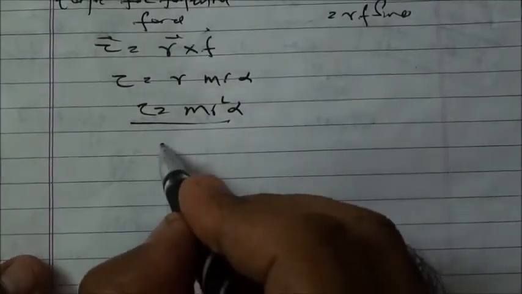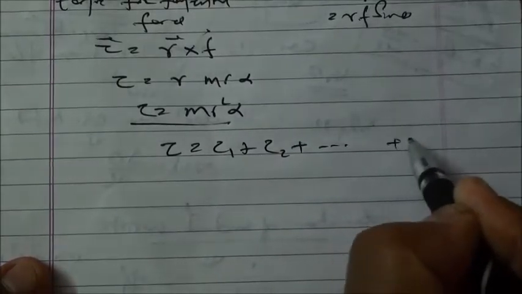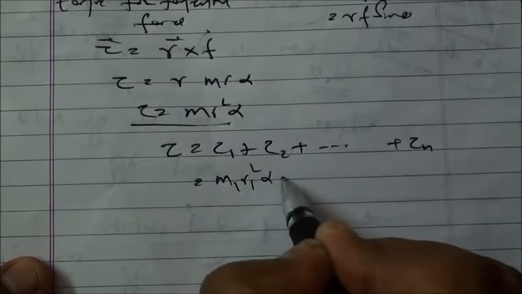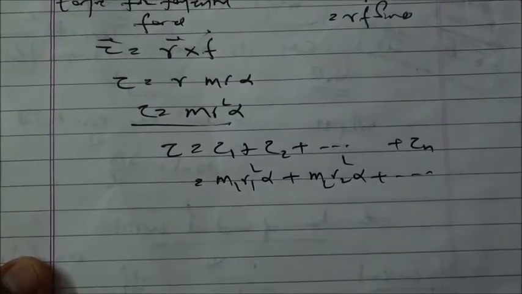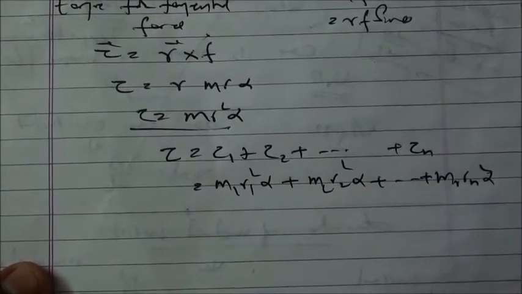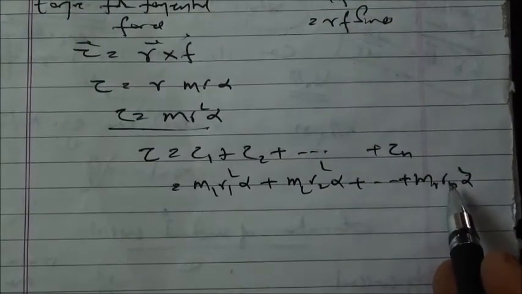So how to find out the total torque? It means I can add the torques for all the particles. So I can write it m1 r1 square alpha, m2 r2 square alpha, and so on. Alpha is the same. We have just discussed that for all particles angular velocity and angular accelerations are the same.